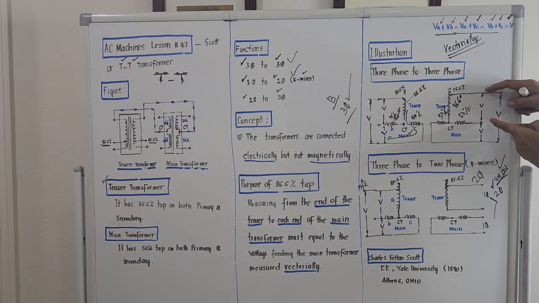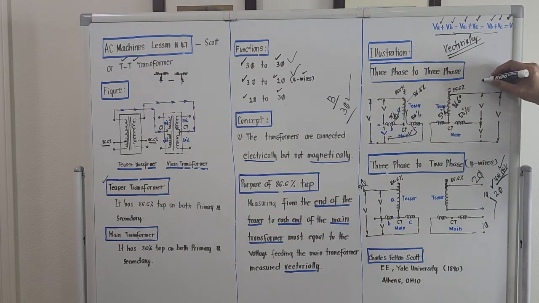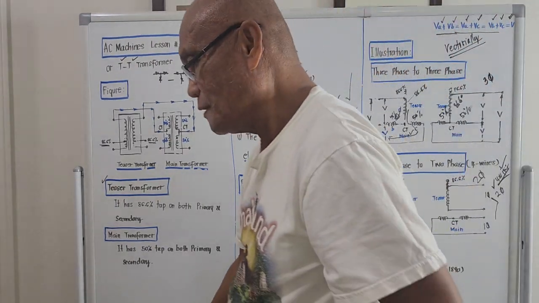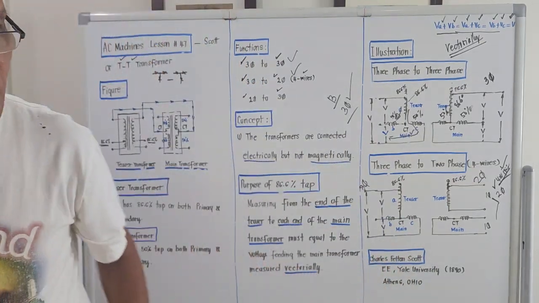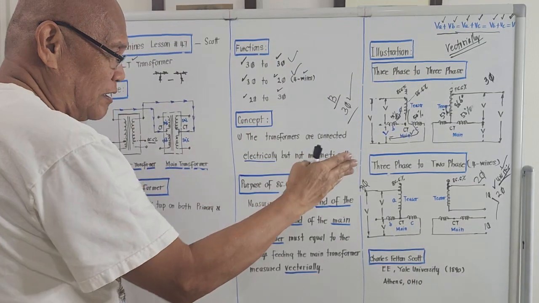Because if we measure the voltages across these, they are all equal, and it is considered three-phase. That's the main purpose of a TT transformer, a conversion from three-phase to three-phase.